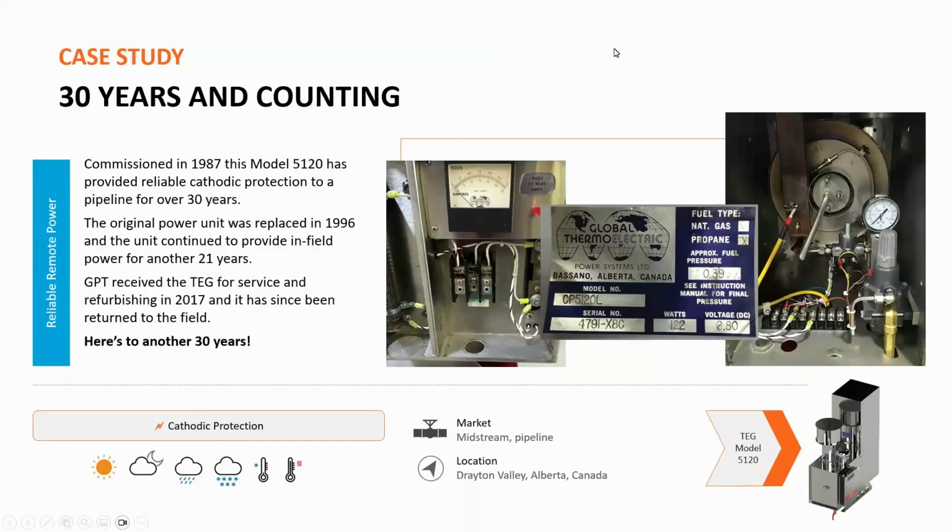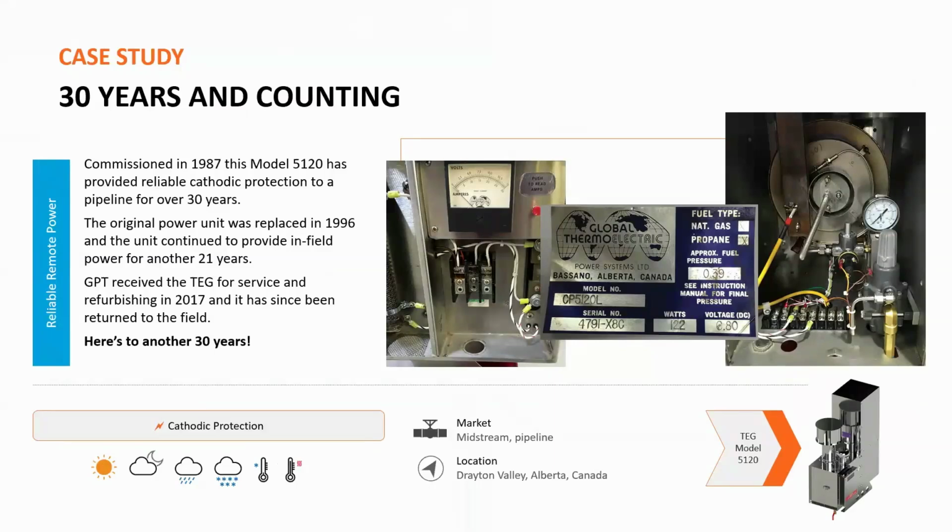The last case study that we wanted to highlight is just a testament to the product life of some of these systems. So we have a 5120, which is what came before that P5100 TEG model. That was commissioned in 1987, just south of Calgary in the Drayton Valley area.